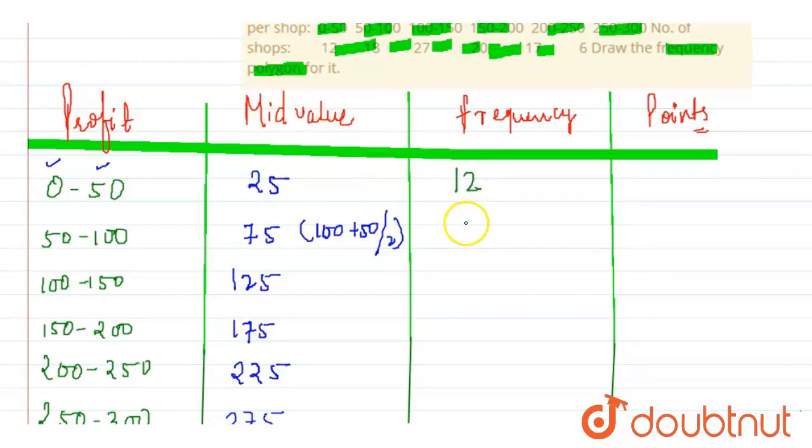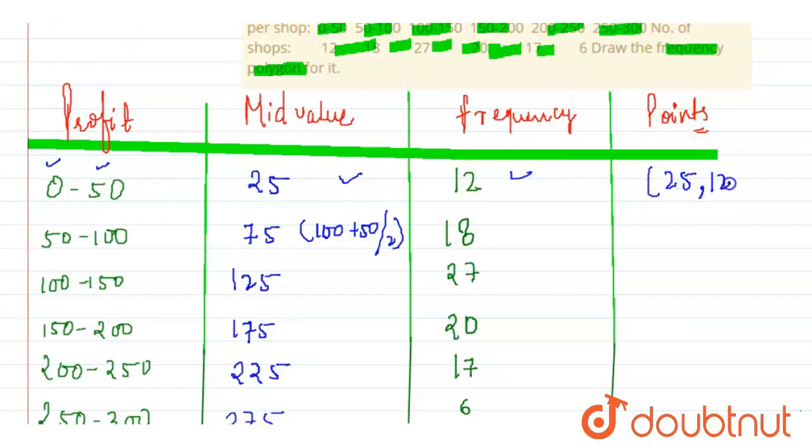That's 12 frequency, which means 12 shops, then 18, 27, 20, 17, and for the last that's 6, right? So we got the mid values, and we got the frequency from the data. For the mid value we just added the profits and divided by 2. That's all, right? So now we will get the points. That's the x point and that's the y point. So I will write down the points.